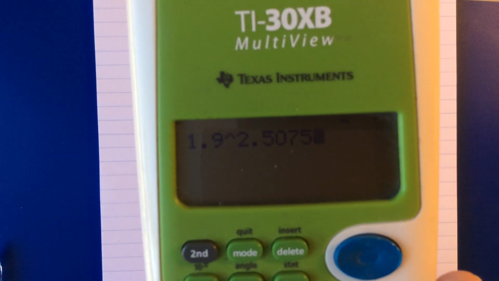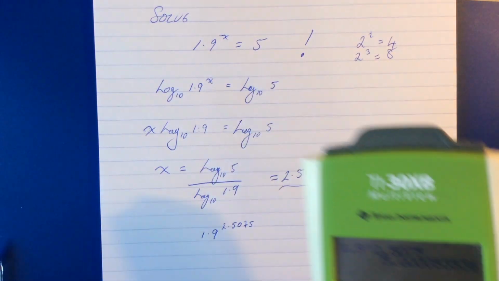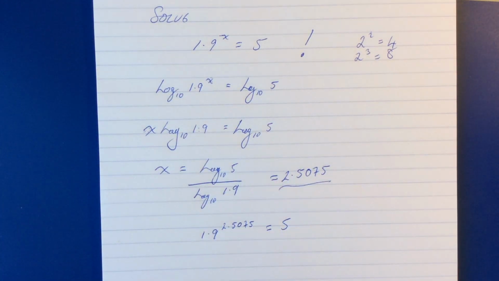So that's that there. I hope you can see that. Let's push go and see what we get. Well, really, really close to 5. Near enough. Certainly 4 or 5 decimal places with zeros in means that we're really, really close.